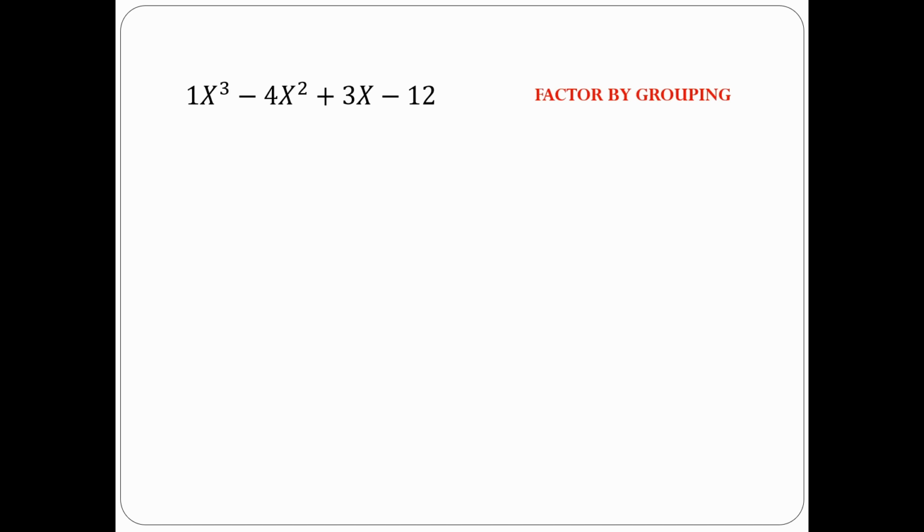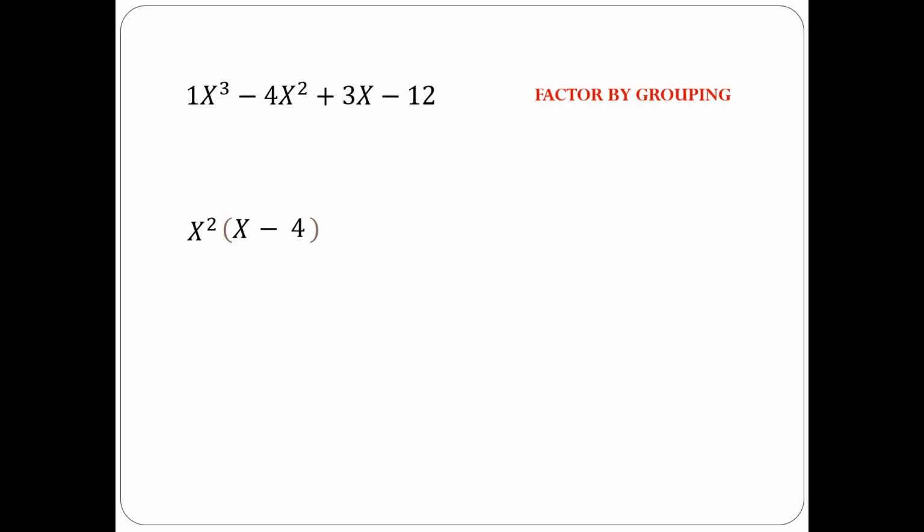So in the first two terms, what you will do is factor out the greatest common factor, or GCF, which is x squared. So x cubed divided by x squared is x. And negative 4x squared divided by x squared will give us negative 4.